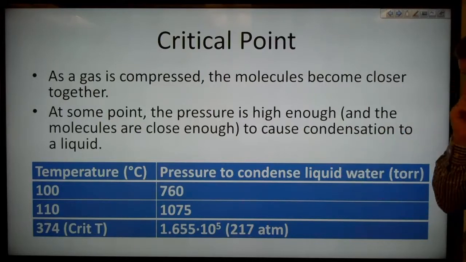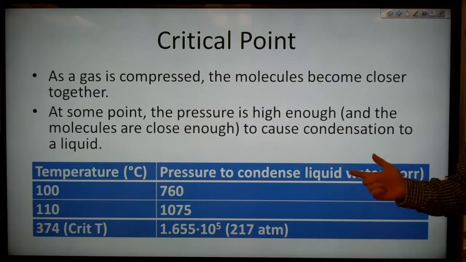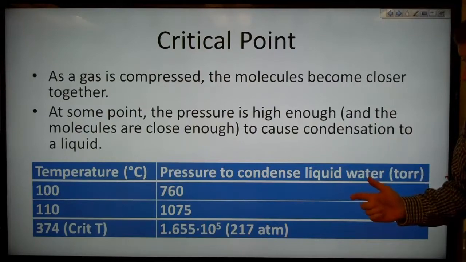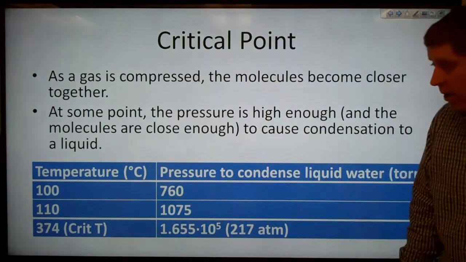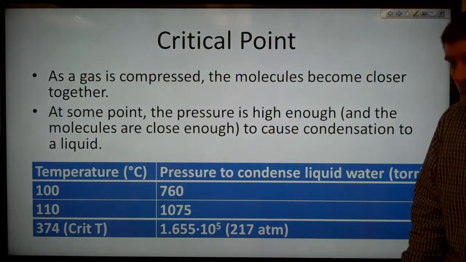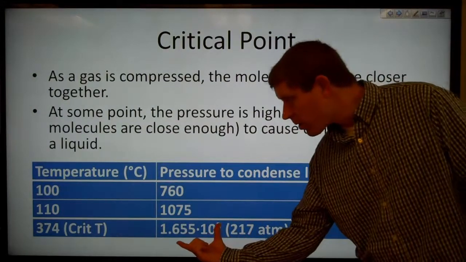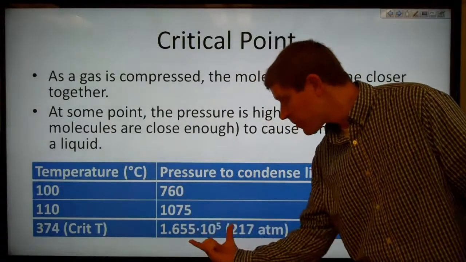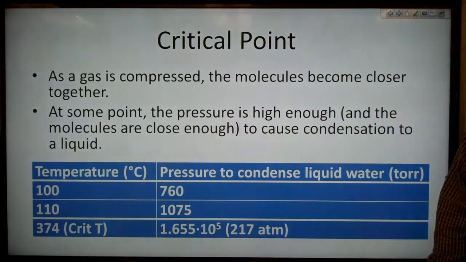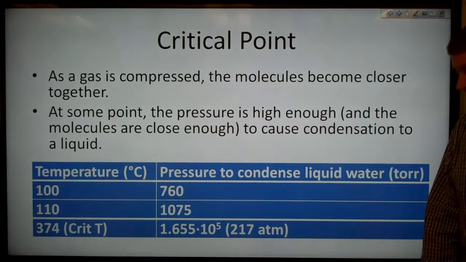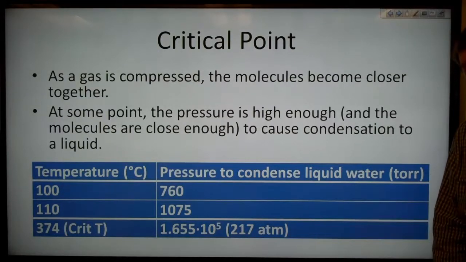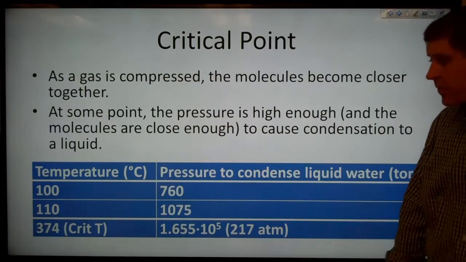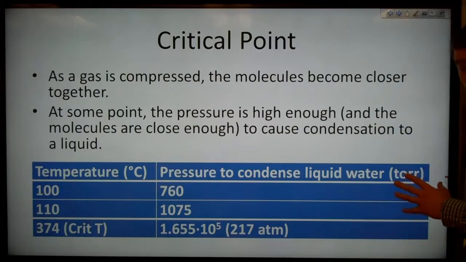But if we continue to increase the pressure, so down here, for water at 374, which is the critical point of water, 374 degrees Celsius, and 1.655 times 10 to the 5th torr, or 217 atmospheres. So really high pressure. We get water to its critical point.